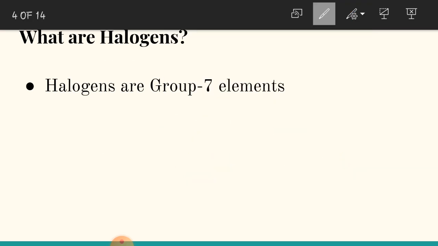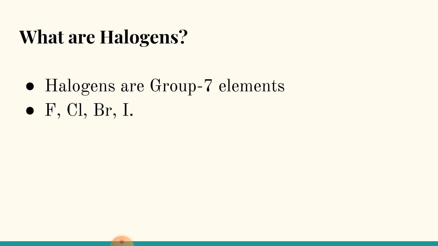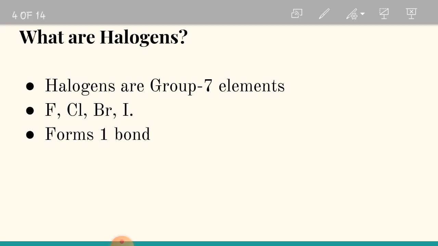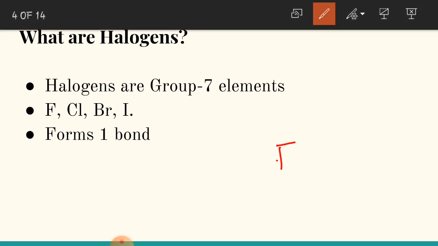Now, since these halogens are the group 7 elements, they form one bond. Examples of halogens include fluorine, chlorine, bromine and iodine. Now let's suppose we draw the valence shell of the fluorine atom. In the valence shell 7 electrons are present.